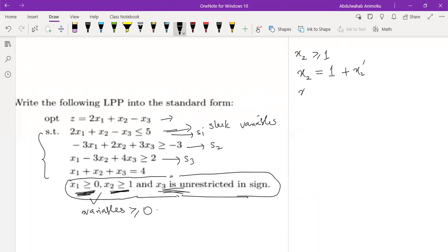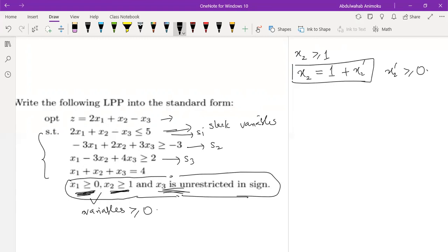So X2 is 1 plus X2 prime, where of course X2 prime will be greater than or equal to 0. So instead of working with X2, now we can just work with X2 prime. Wherever we see X2, we change it to 1 plus X2 prime. That would make it easier.